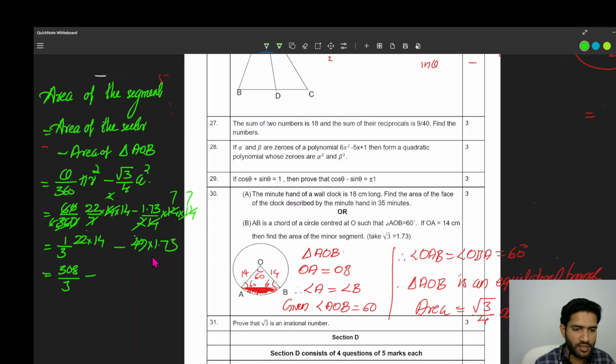If you are multiplying, we'll get 102.67. I think we can find the final answer, that's better. I won't waste the time for multiplying.